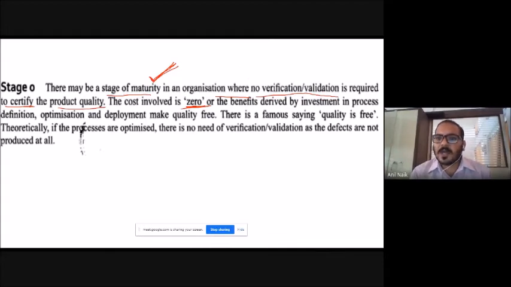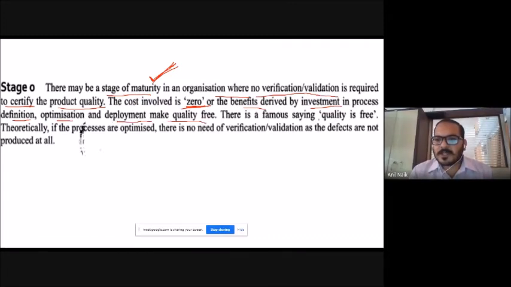The management will believe the organization does not require any verification and validation. So the cost involved is zero, or rather the benefit derived from the investment in process definition, optimization, and deployment makes quality free.